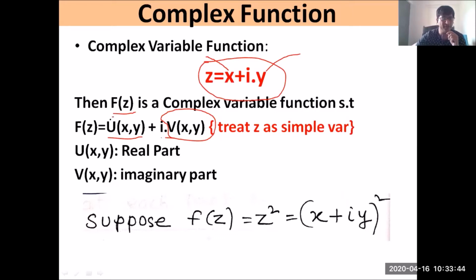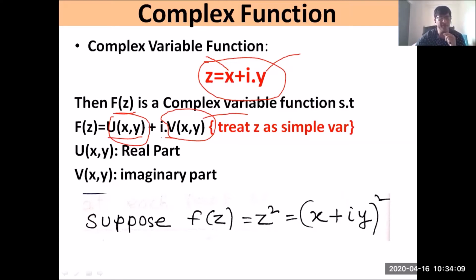So this would be your real function, and v(x,y) would be your imaginary function. Rather than a simple variable which is real and imaginary, we now start calling it a real function and an imaginary function. The real function is also defined in terms of x and y, and the imaginary function is also defined in terms of x and y.